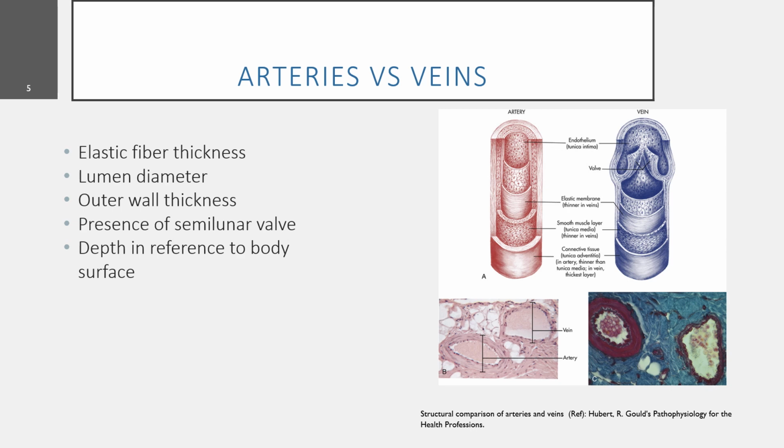Arterioles, also known as resistance vessels, are the smallest arteries and regulate blood flow into capillary networks. Contraction of smooth muscle in their walls adjusts resistance to blood flow, regulating blood pressure and determining the quantity of blood entering specific organs.